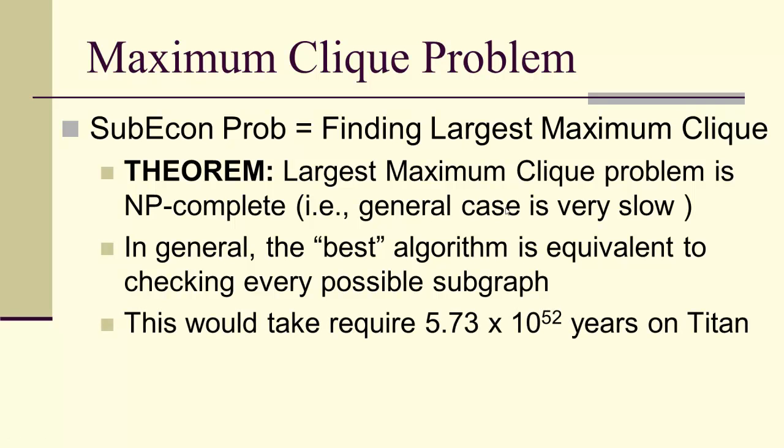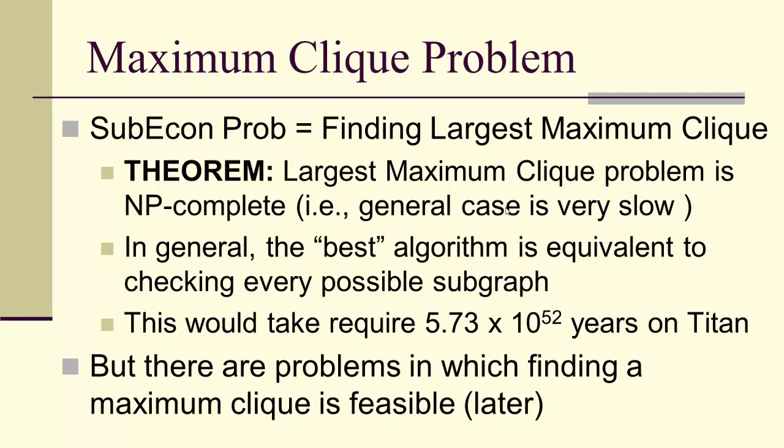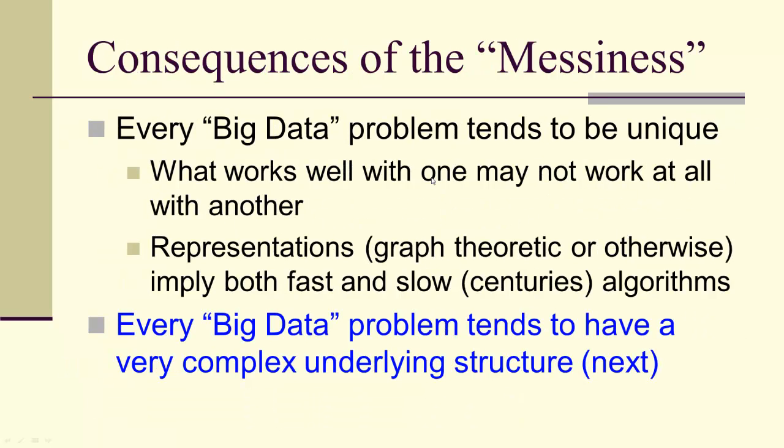However, we're going to see later on that there are times when finding a maximum clique is feasible. So just because it's NP complete in general doesn't mean it's not a good method. It can be used effectively. So every big data problem tends to be unique. And every big data problem has a complex underlying structure, and the structure tends to be what defines how you approach the problem.